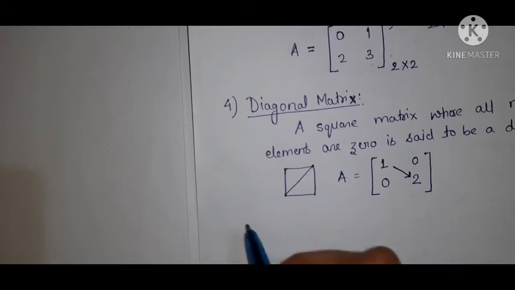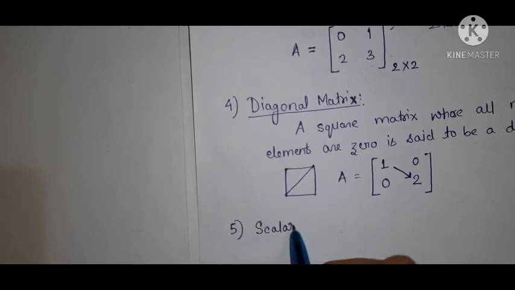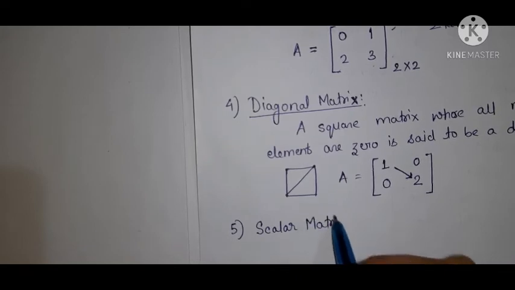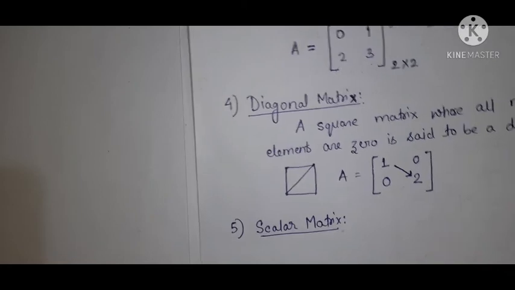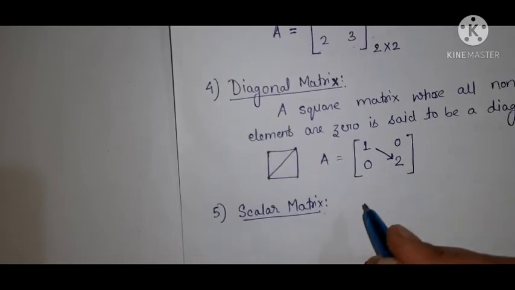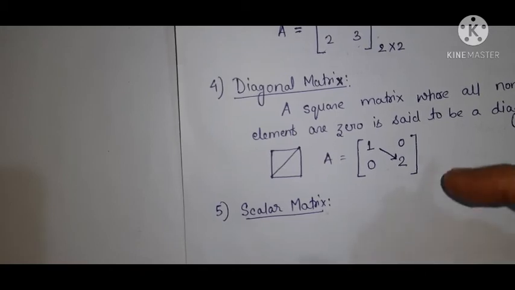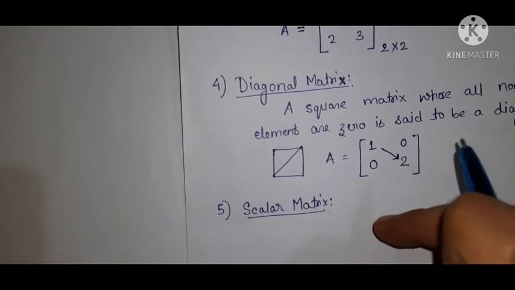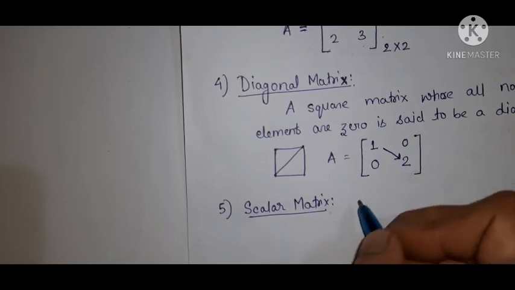Next we move to another type, that is scalar matrix. And now here the condition is a matrix will be scalar if it is a diagonal matrix. Means first it should be a diagonal matrix, then it becomes a scalar. So the definition will be like this.